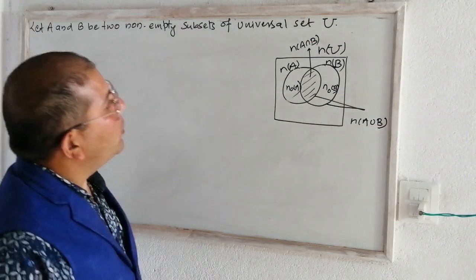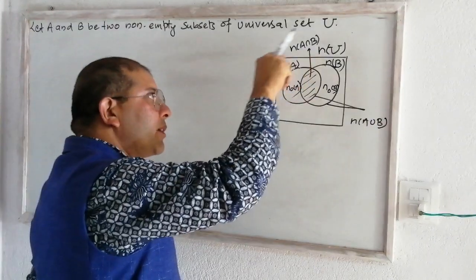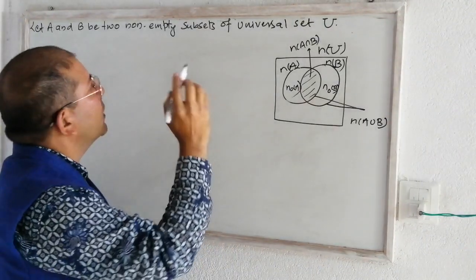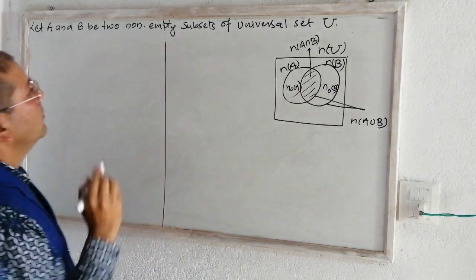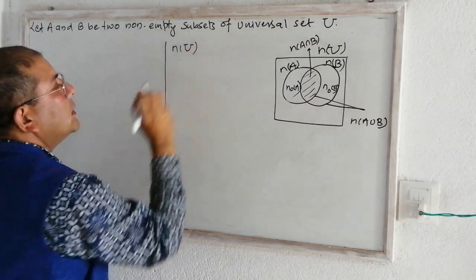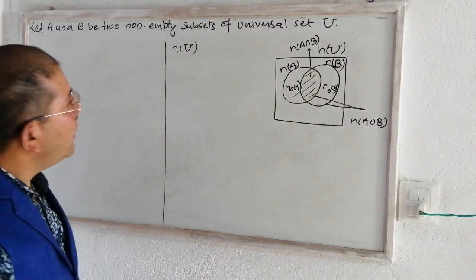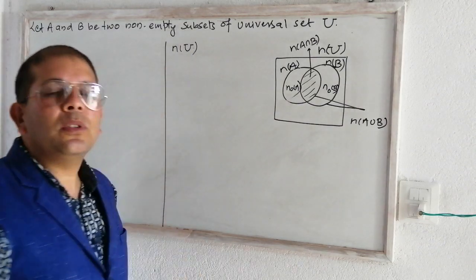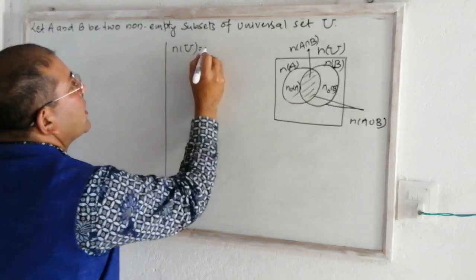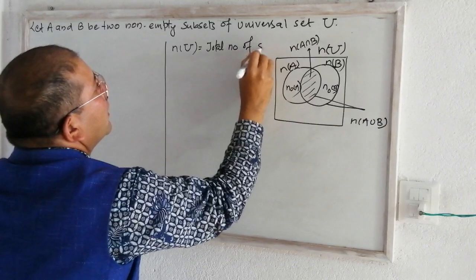Now I want to give some idea to know which terms are given in your question. First, n of U. This means the rectangle. In a rectangle, n of U is the total number of students or participants.